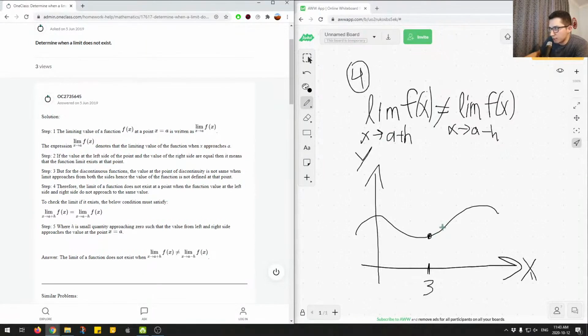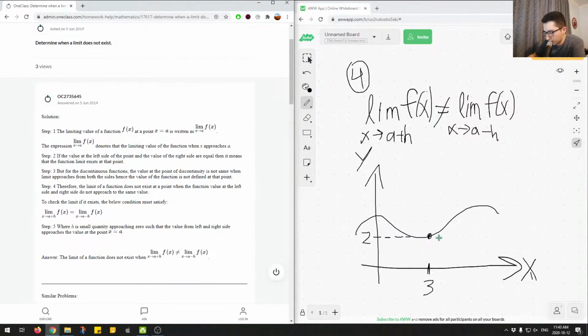As you go into this point, you're going to get, let's say, y equals 2. Similarly, when you come from the left, as 3 minus a tiny bit, so let's say 0.001, you'll also end up with y equals 2. So the limit does exist in this scenario.